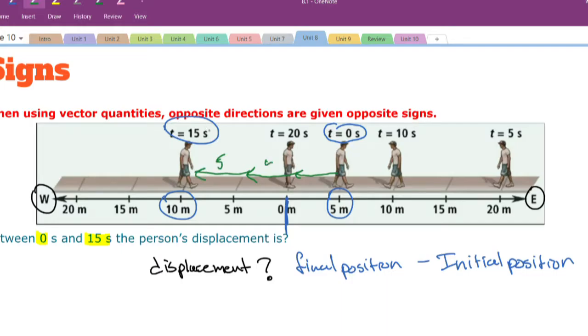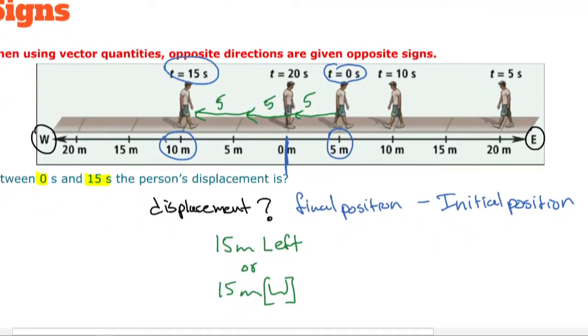So that's 5, there's 5, there's 5. The displacement is going to be 15 meters to the left or 15 meters west. And when we include our cardinal directions, we'll always put them in some square brackets.